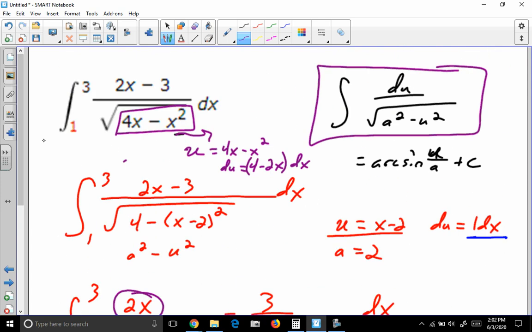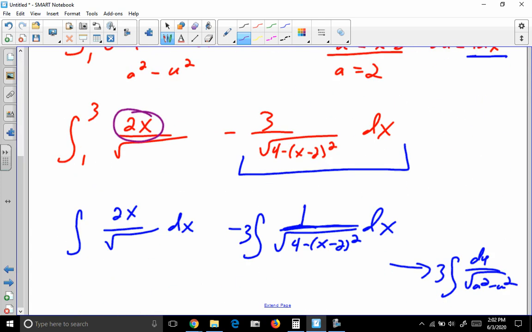So let's take this back to where that's supposed to be x squared. Long story short, if we have a 2x here, we don't need the denominator to be in a squared minus u squared form.